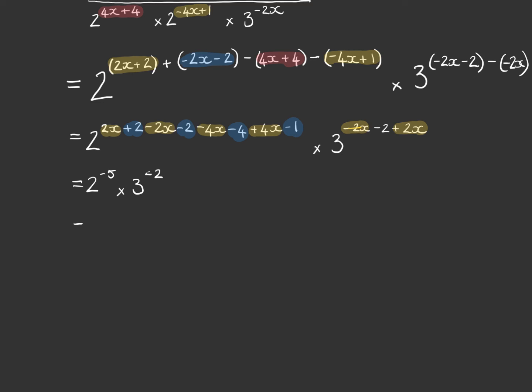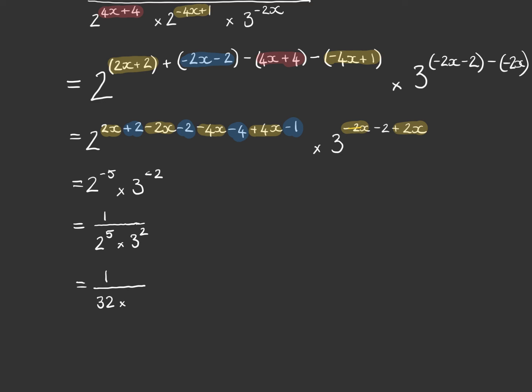The questions will probably ask for these to be positive exponents, which means we're putting them down in the numerator so that they do have the positive exponents. The question might also ask you to do it without a calculator, and I know that 2 to the power of 5 is 32.